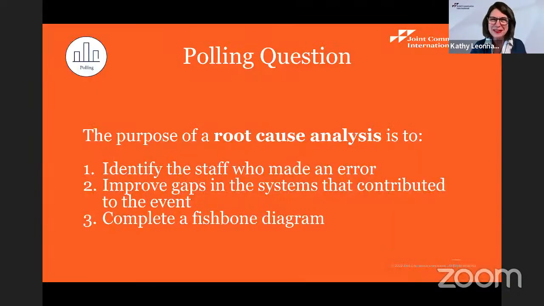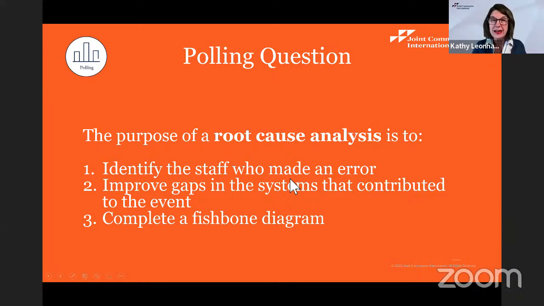So let's do a quick knowledge check before we dig into the content here. What is the purpose of a root cause analysis? If you'll add in the chat your answer, is it number 1, to identify the staff who made an error? Is it number 2, to improve gaps in the systems that contribute to the event? Or is it 3, to complete your fishbone?